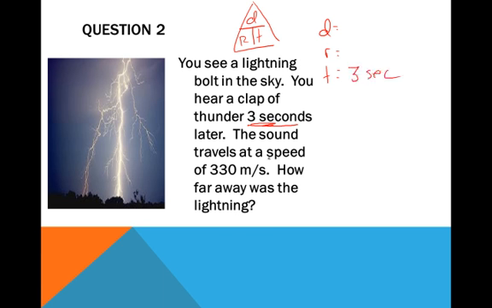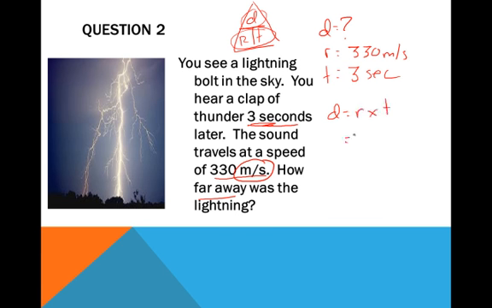And then the sound travels at the speed of 330 meters per second. Meters per second, that's a rate. So 330 meters per second. And it's asking how far away. So we're looking for distance. So I need to find D, and I have R and T, so I'm going to plug in the formula D equals R times T, just like you can see here.